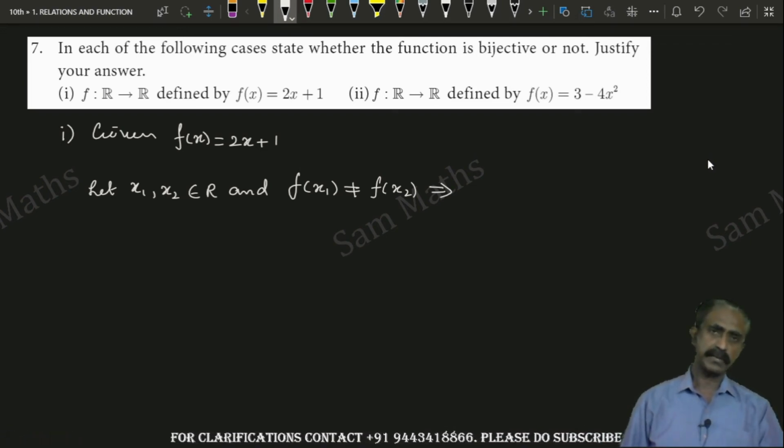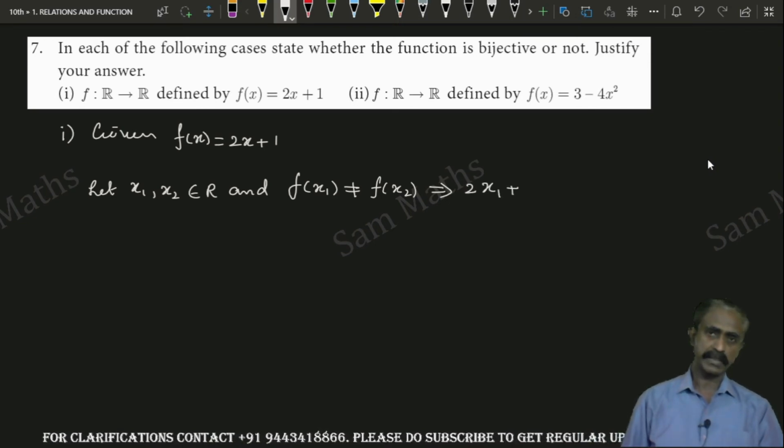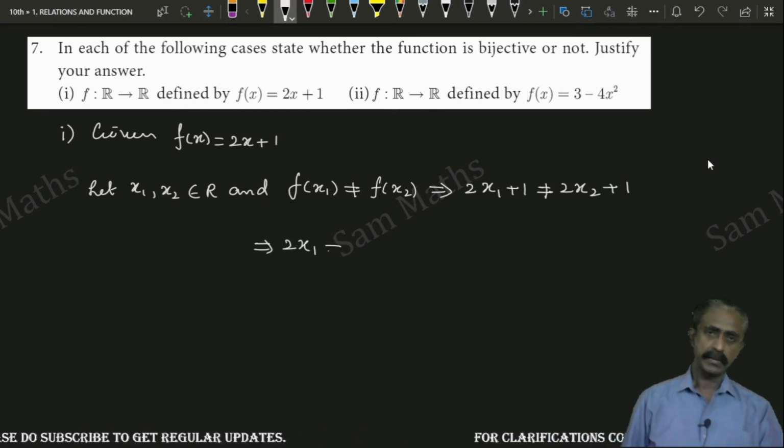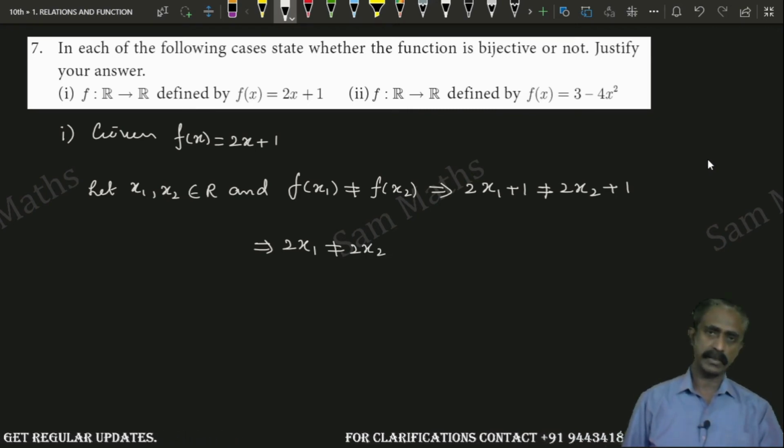f of x is equal to 2x plus 1. Therefore, we are getting 2x1 plus 1 not equal to 2x2 plus 1, which implies 2x1 is not equal to 2x2. You can cancel that one.